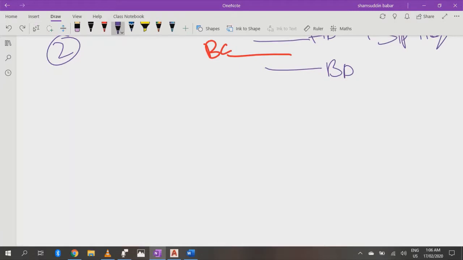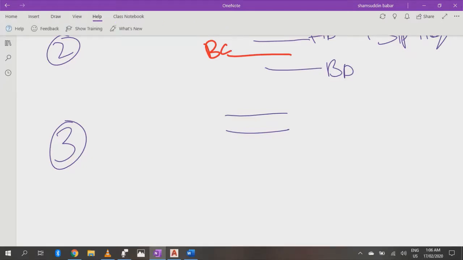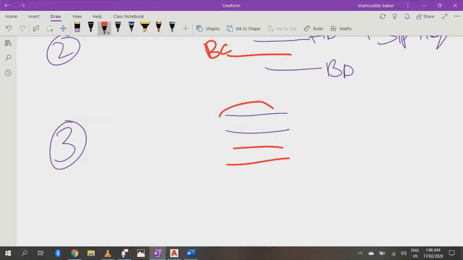In the third case, now this drainage is above and the canal is below. So this is the canal and this is the drainage.